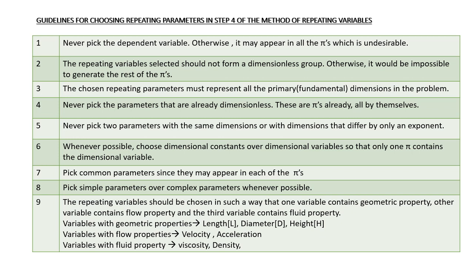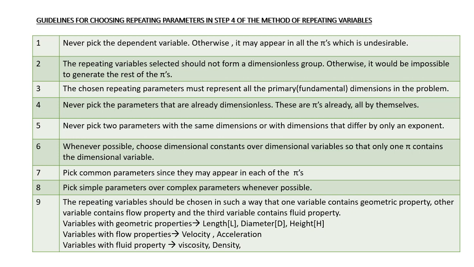We cannot choose both diameter and length as repeating parameters. Out of these two we can choose only one, because both have the same dimension. Diameter has the dimension L, and length also has the dimension L. So when such parameters are there, out of the two we have to choose only one.